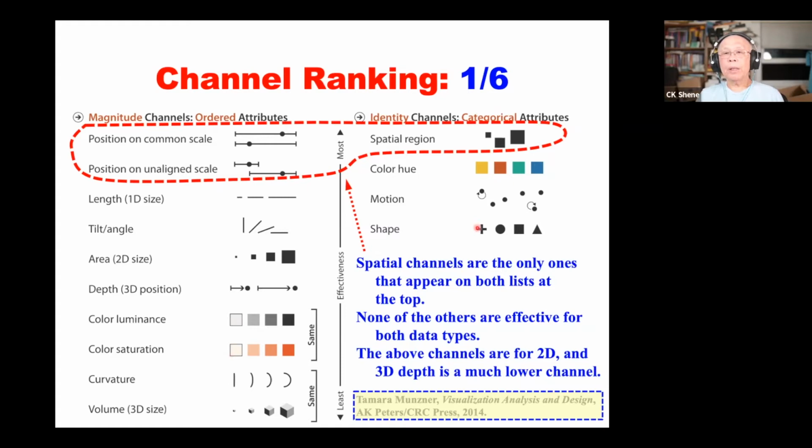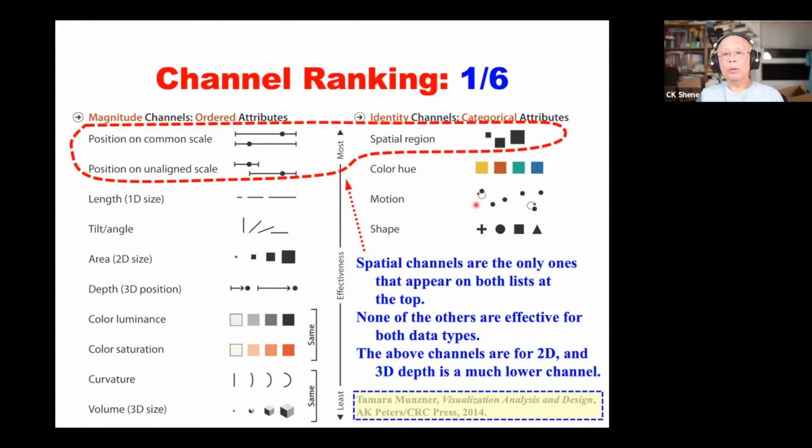Now take a look at the identity channels, spatial region. I put something at this corner, something at this corner, and something at this corner. So the position can easily be seen and recognized. Color hue, well, if your color hue is different, then it's also recognized.